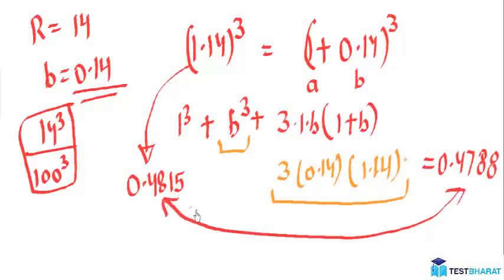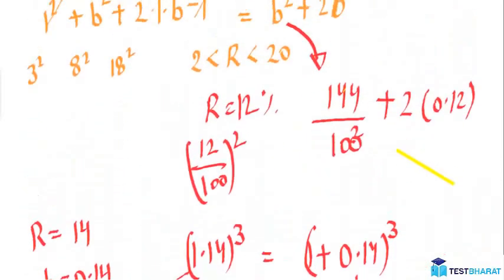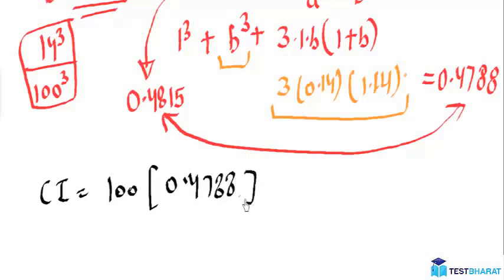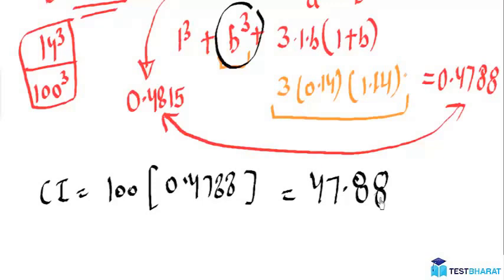So what I can do in the exam is calculate this 0.4788 and multiply it with my principal. Let's say in this question my principal were rupees 100, so my compound interest will be 100 into 0.4788. But I know that I missed this b cube term, so whatever I get here must not match the options.